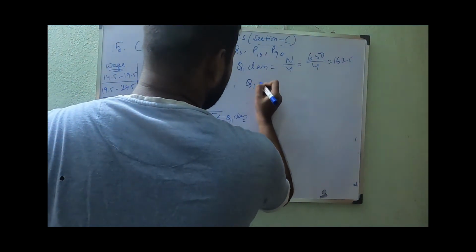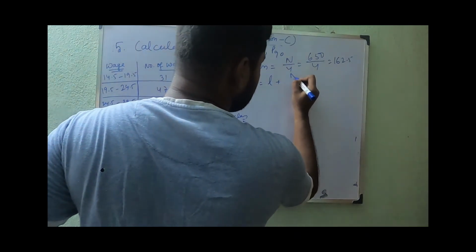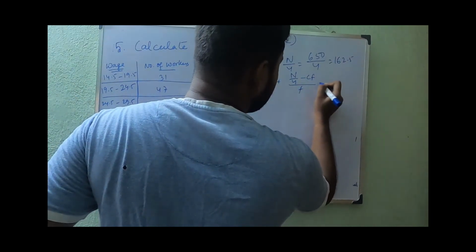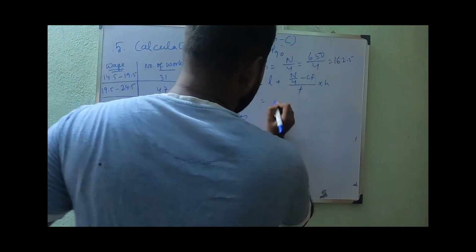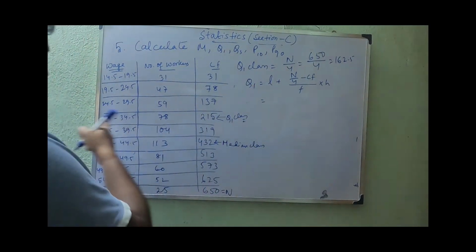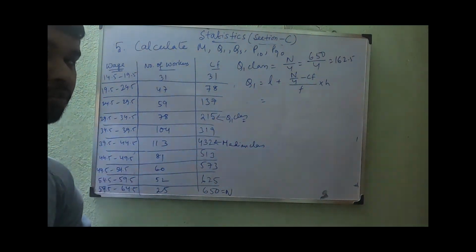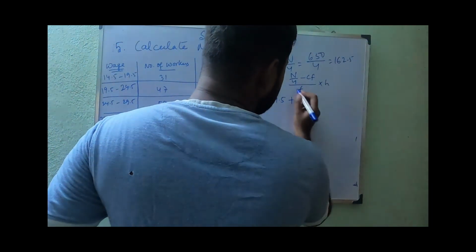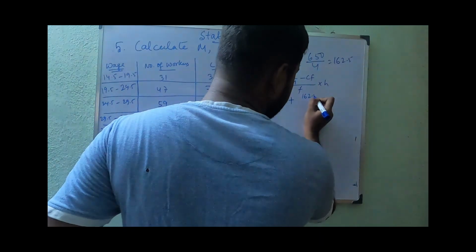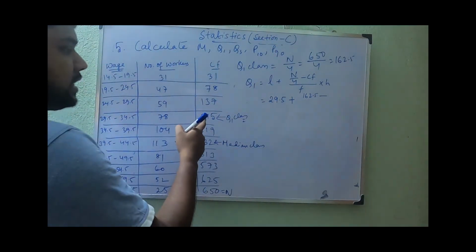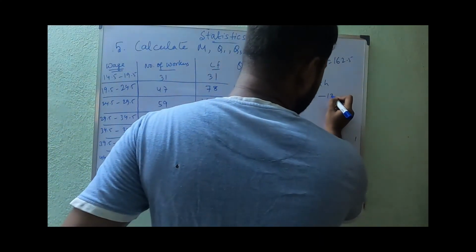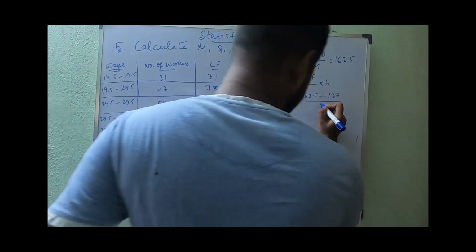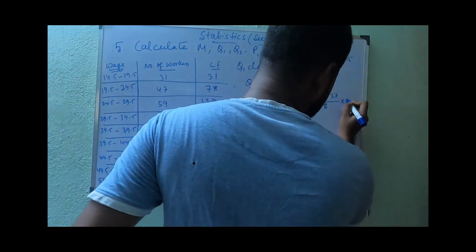Q1 will be L plus (N by 4 minus CF) by F into H. L will be the lower limit of the lower quartile class, so that is 29.5, plus N by 4, which was 162.5, minus CF 137, by F, 78, into 5.